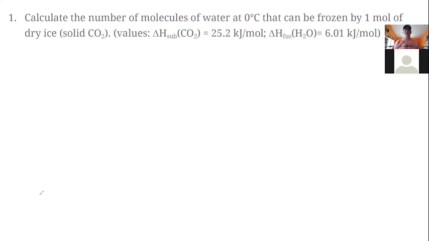Yes, sublimation. So that is the amount of heat required to basically get solid CO2 to convert to gas.